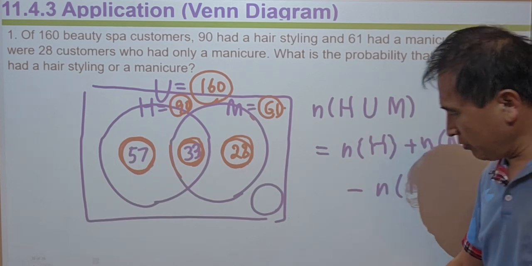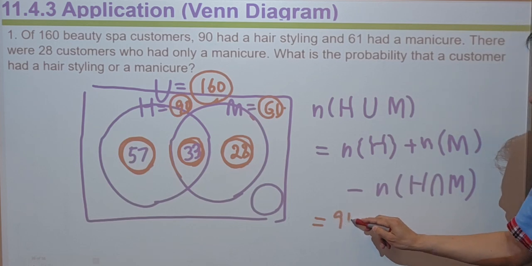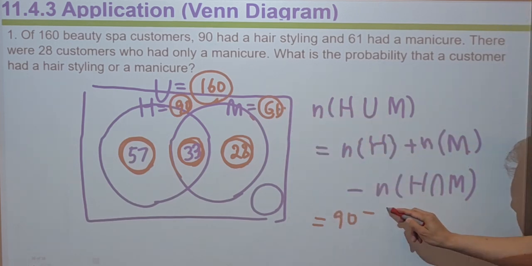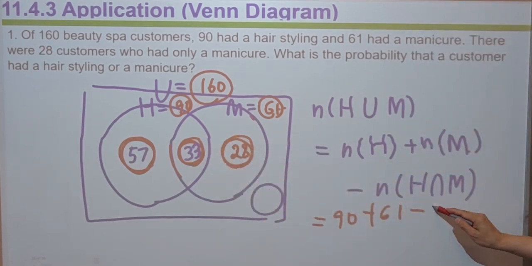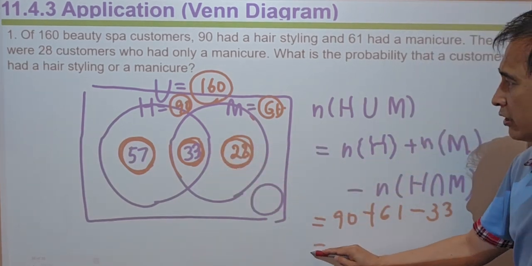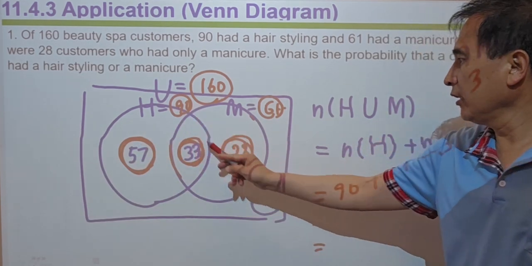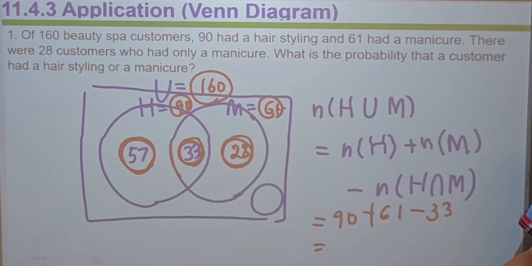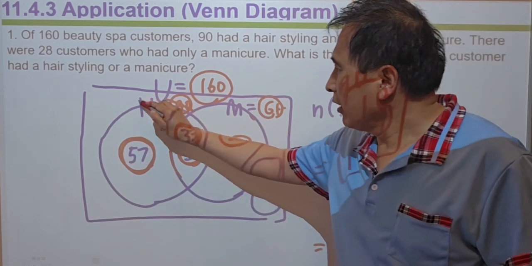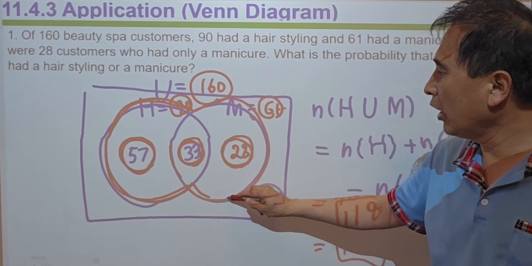Hairstyle is 90, minus manicure 61, plus, and then minus both, that's 33. When you calculate the sum, 90 plus 61 minus 33, that will be 118. That is hairstyle or manicure, inside the red region.